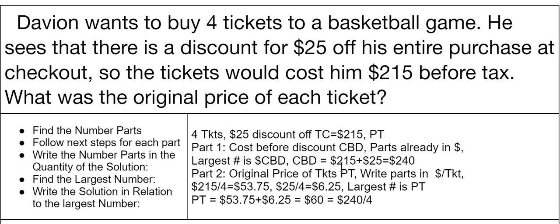And so we could have written this whole problem in one step by dividing each of these by 4 in this step and getting an answer 240 divided by 4.